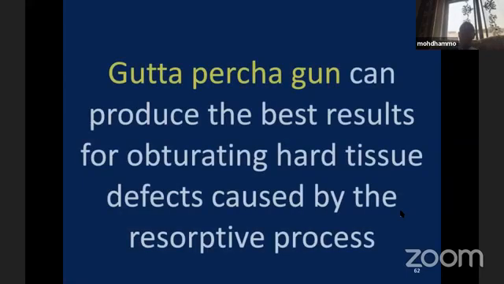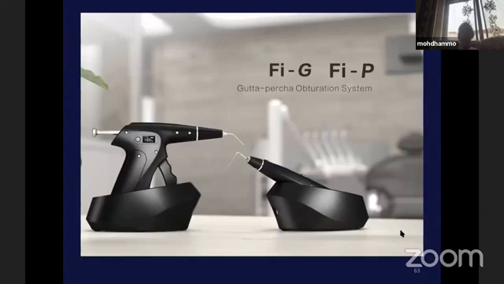Because of this, we need the Guttapercha gun, which can produce the best result for obturating hard tissue defects caused by the resorptive process. And luckily, Baker has an obturation system which contains two parts, the downpack device and the backpack device, or the Guttapercha gun.